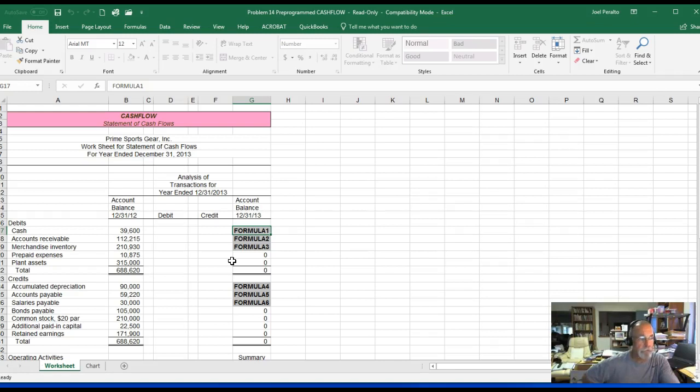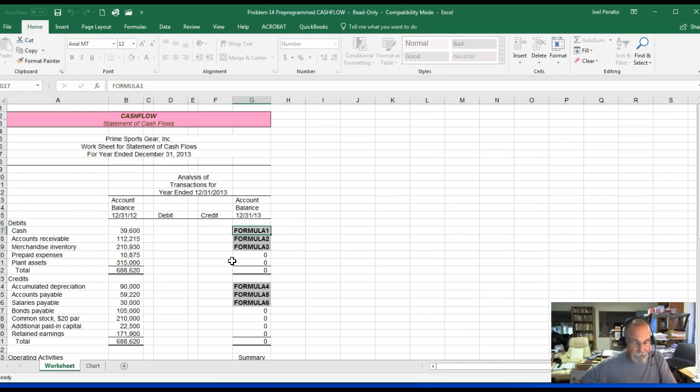When I teach Accounting 201, and this semester teaching Accounting 202, we're also covering a chapter on the statement of cash flows. Most of the assignments I assign are using the direct method. However, this problem assignment is using the indirect method. So basically the numbers that we come up with are pretty much the same. It's the approach that is different between the direct method and the indirect method.